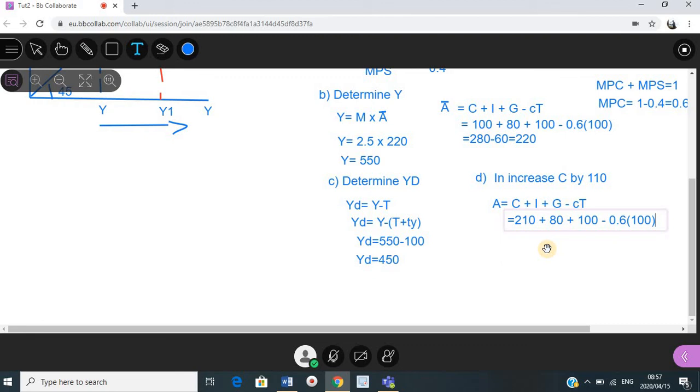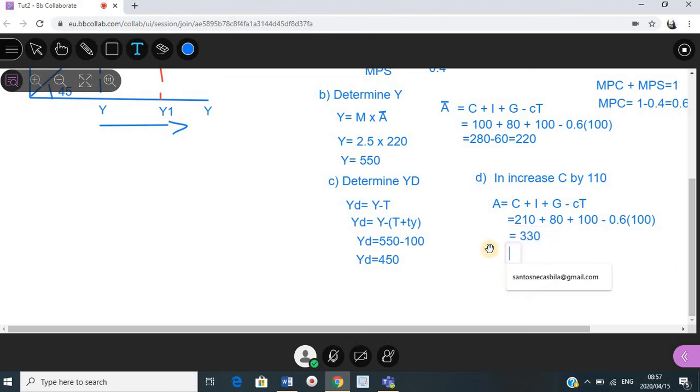There we go. This is going to be 390 minus 60, which is equal to 330.